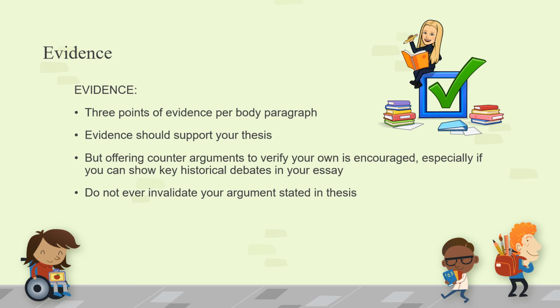Evidence should support your thesis for the most part, but offering counter-arguments to verify your own is encouraged, especially if you can show key historical debates in your essay. So it's okay to talk about those historical debates. Just make sure your point of view, your argument, is always central to your theme.